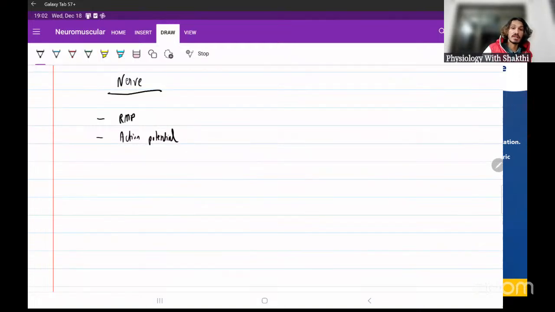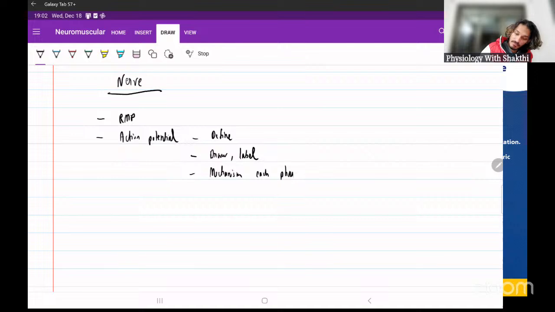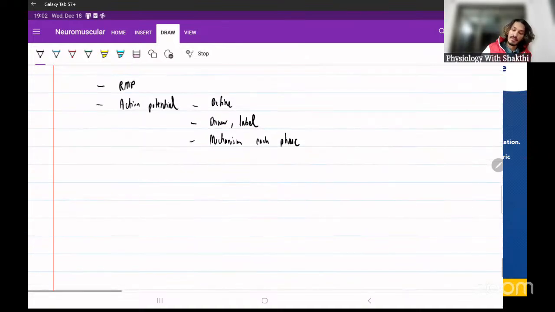So in action potential, what do they ask? You have to define what an action potential is. We have to draw and label the various phases, then the mechanism behind each phase. Then we have to talk about the properties.